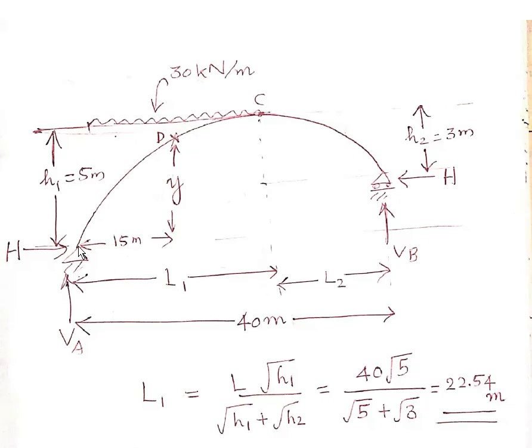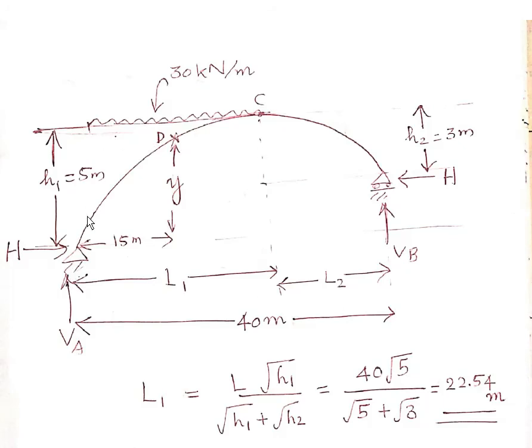So what is the equation? If you take the moment about point A equal to 0, it is VB into L, that is VB into 40, minus 30 into L1 into L1 by 2, which is in the negative direction.